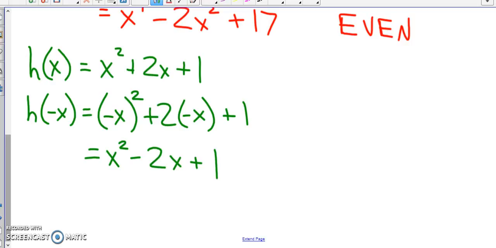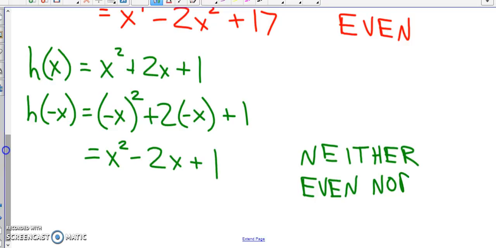How does that compare? Is it the same? Is it the opposite? Take another look at it. It's not the opposite. Only this small piece of it is the opposite. The rest of it's the same. So since this is not the same, nor is it the opposite, this is neither even nor odd. Most functions are neither even nor odd. It takes a special type of symmetry, like I showed you in the picture.